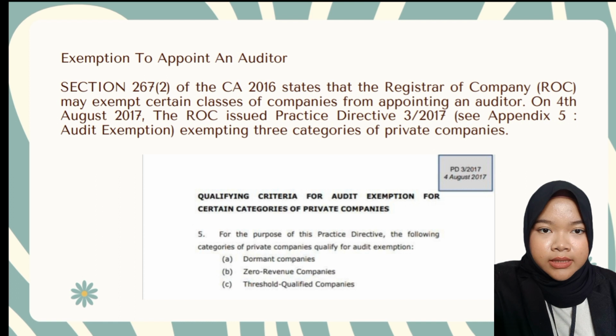On 4th August 2017, the ROC issued Practice Directive 3/2017. According to Appendix 5, audit exemption exempts three categories of private companies. The first is dormant companies, the second is zero revenue companies, and the last is threshold qualified companies.